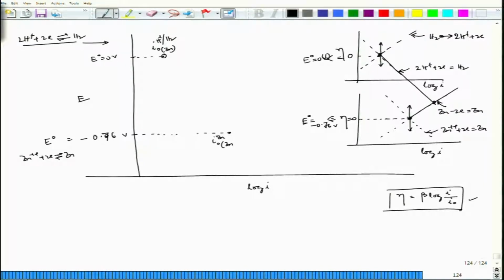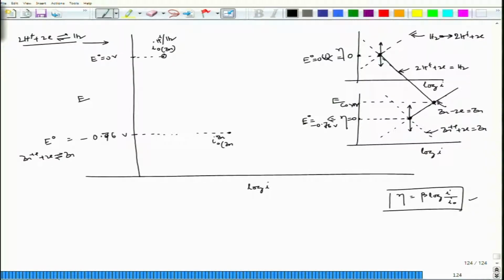Once they meet somewhere here, you see that the potential is E corr, which is in between this and this, and for that you could see that polarization for zinc is on the positive side and the polarization for hydrogen is on the negative side. So, hydrogen is cathodically polarized and zinc is anodically polarized in order to achieve this mixed potential.